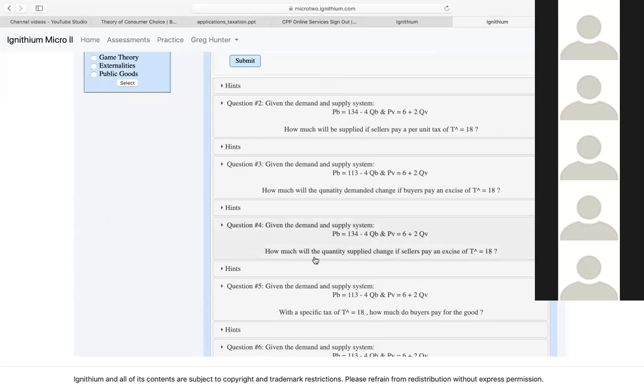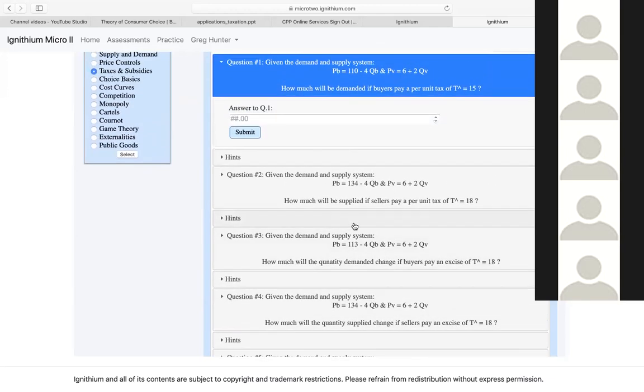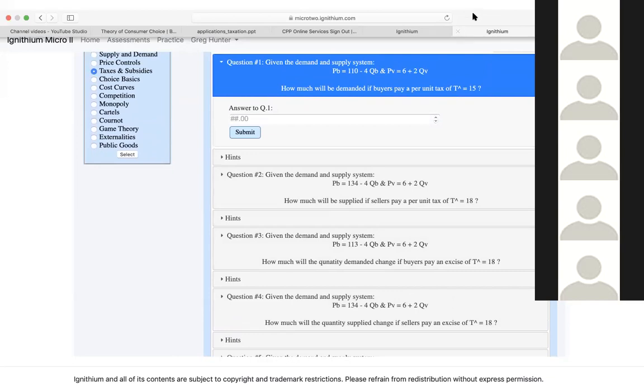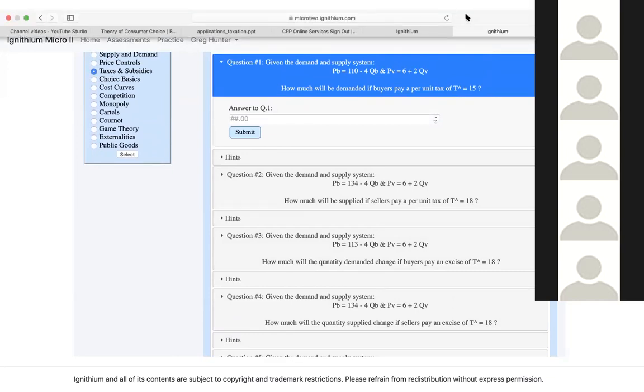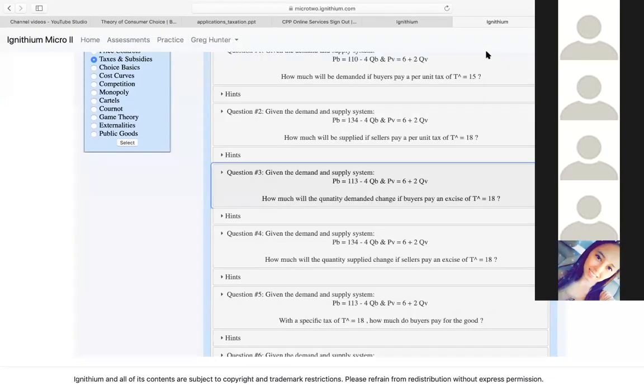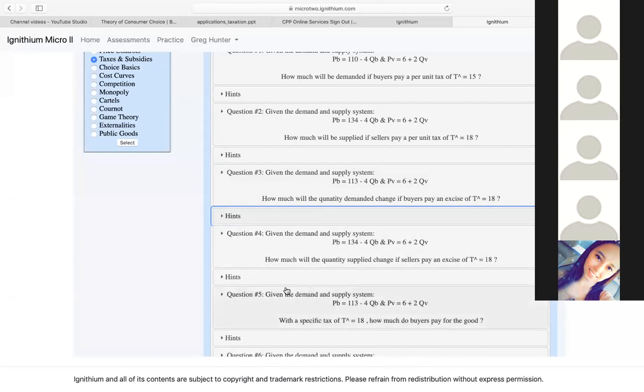Okay, so let's do number 3, and I'll give you guys like 5 minutes to do number 3, okay? Move on. But yeah, so the answer to number 3 that you all gave is right. Good job.